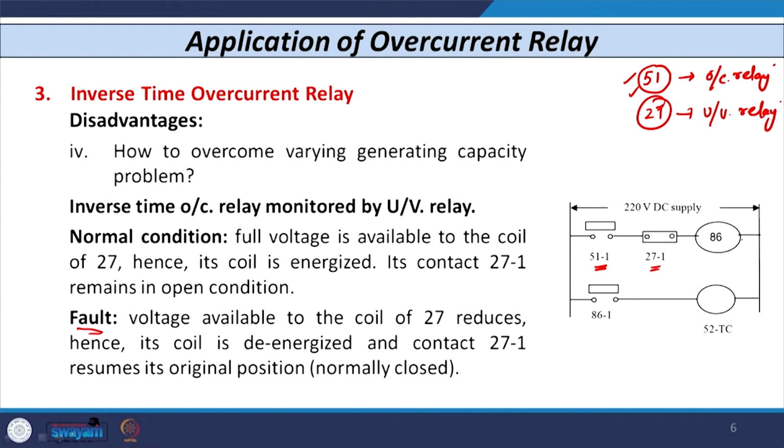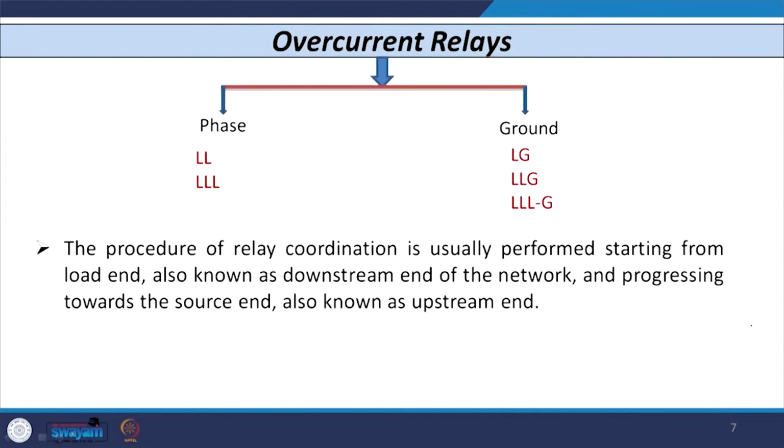So, it energizes the coil of auxiliary relay 86, which further closes the contact of auxiliary relay 86, and hence the final trip coil of the circuit breaker is energized. So, this is how we can avoid the problem faced by the inverse time overcurrent relay, that is the varying generating condition problem.